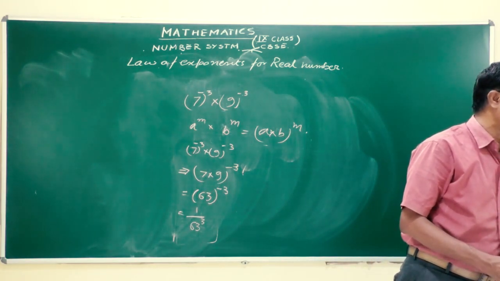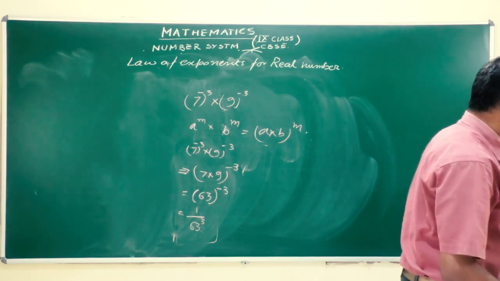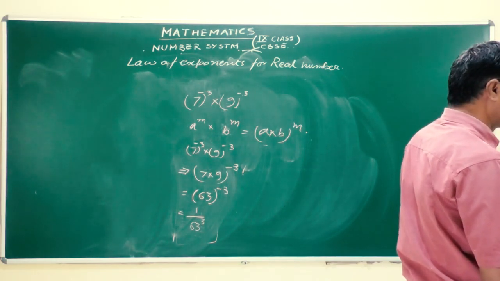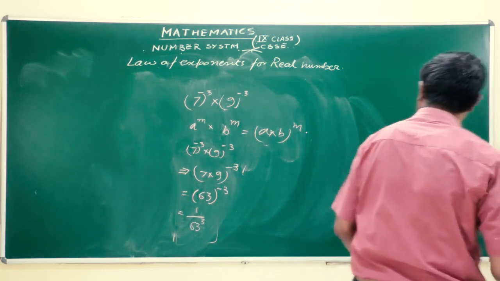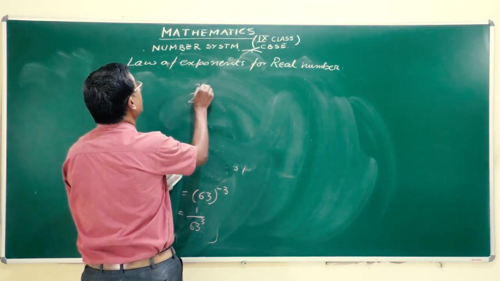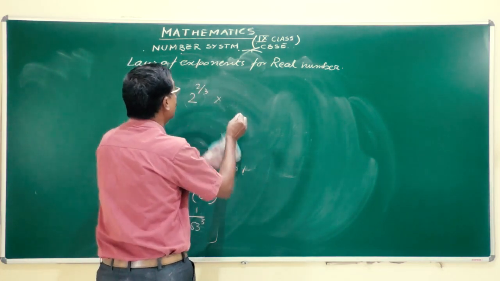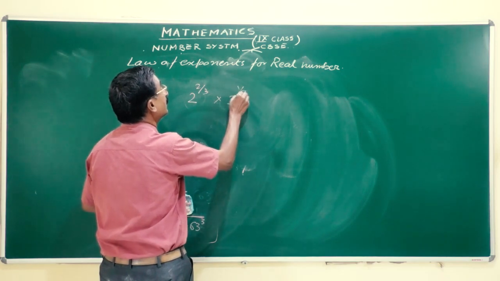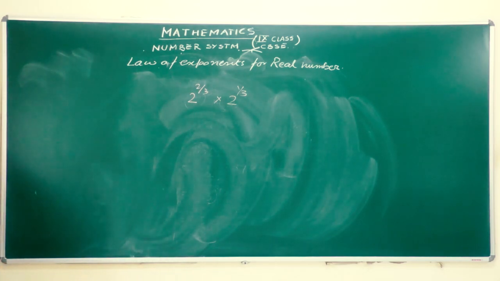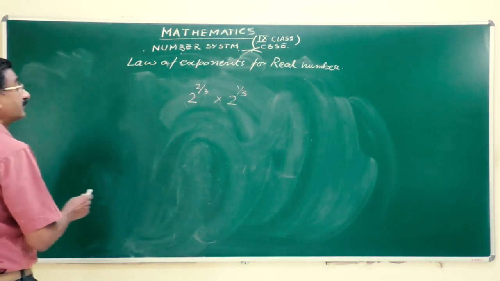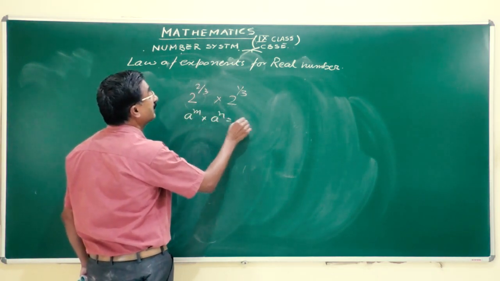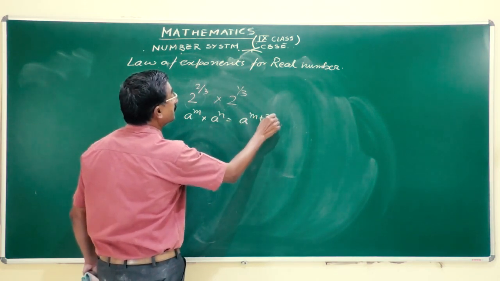Suppose we want to do the following computation, where the powers are written in the form of ratios: 2 raised to the power 2 by 3 into 2 raised to the power 1 by 3. Again the rule is the same, a raised to the power m into a raised to the power n is equal to a raised to the power m plus n.